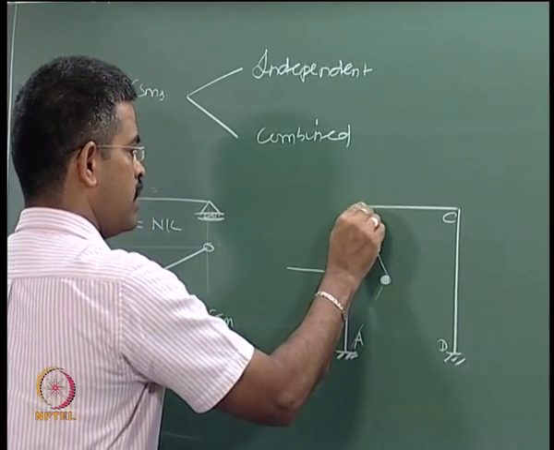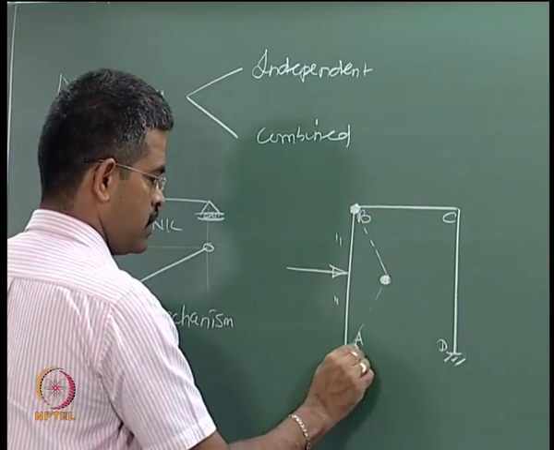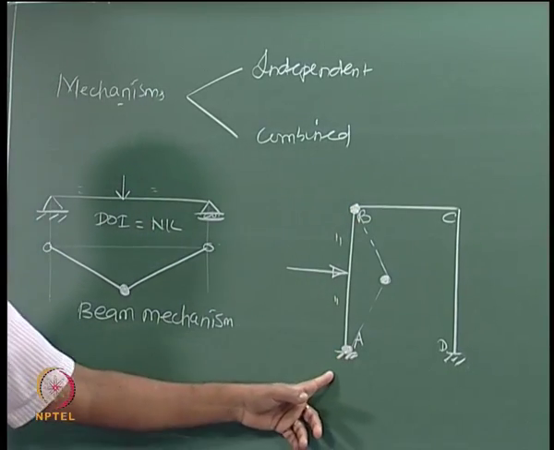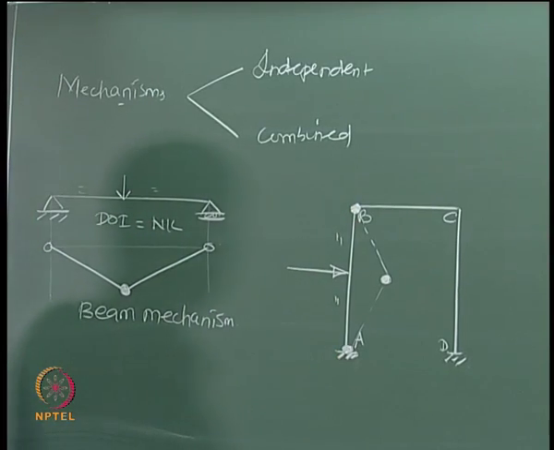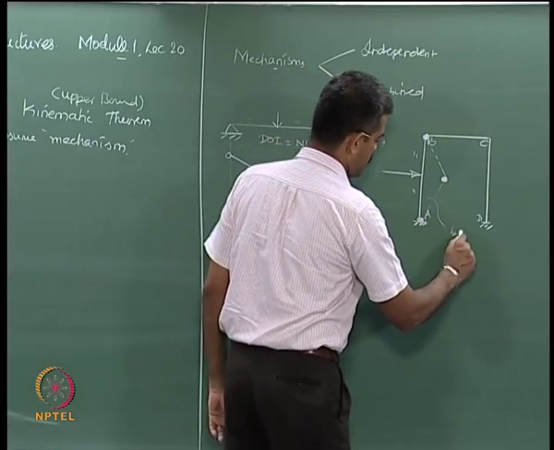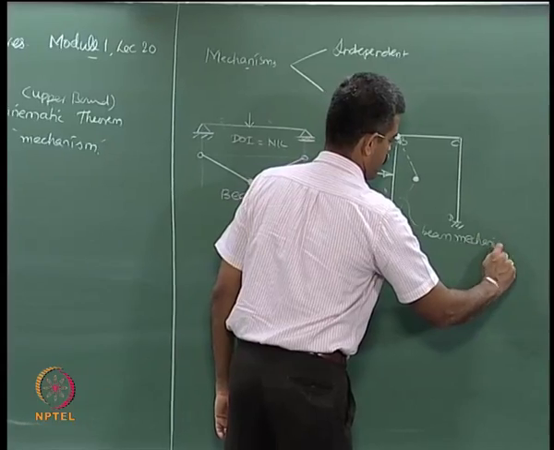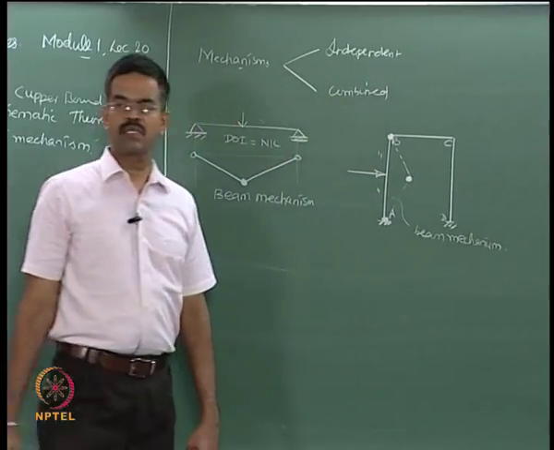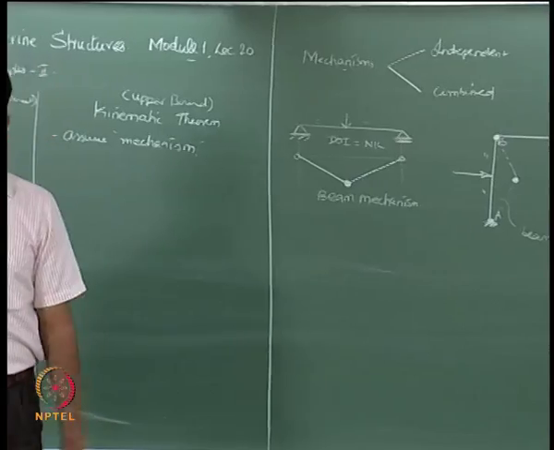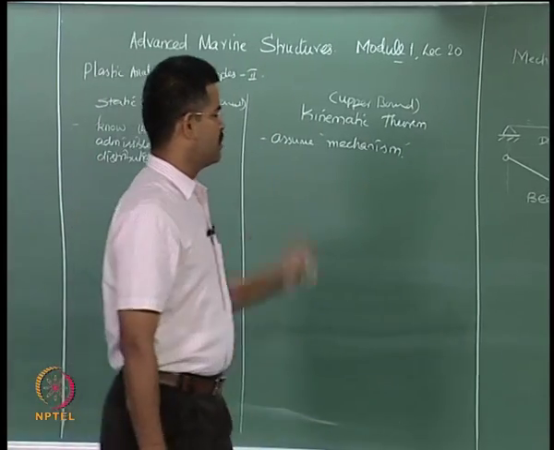There can be a hinge, there cannot be a hinge here, that we are not bothered. So, this is also still called as a beam mechanism only. Okay. Some literature address this as column mechanism, but it is one and the same, right, and so on.